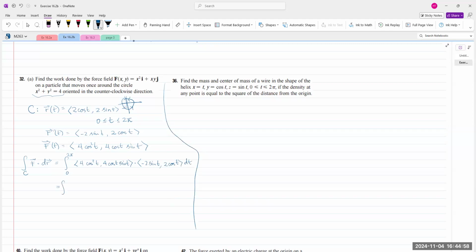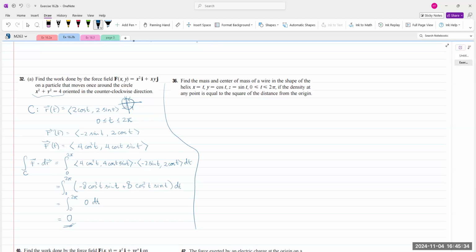That will be the integral from 0 to 2 pi of -8 cosine squared t sine t plus 8 cosine squared t sine t dt, but that's 0 though. So this will be 0 then, so no work.